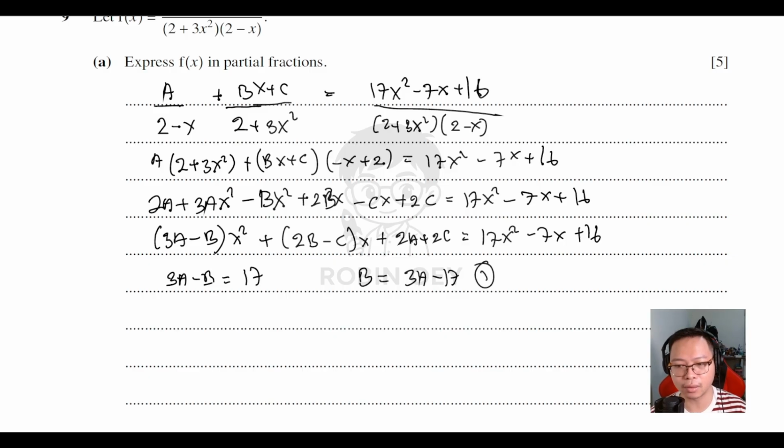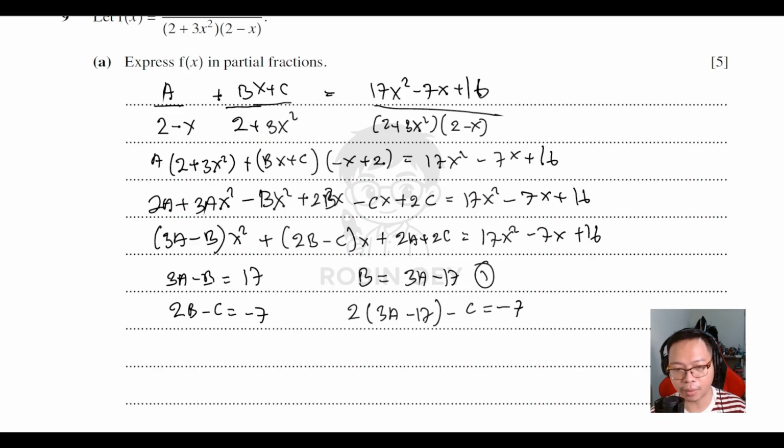So we take note of this first. And then we have 2B minus C on the left hand side, and on the right hand side is negative 7. So if I substitute B with 3A minus 17, we have 2 times (3A minus 17) minus C equals negative 7.